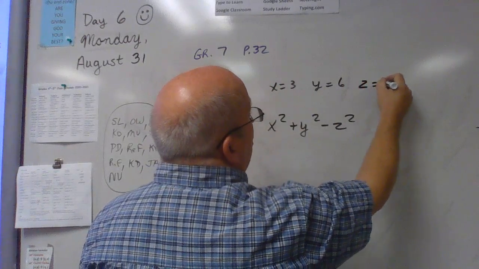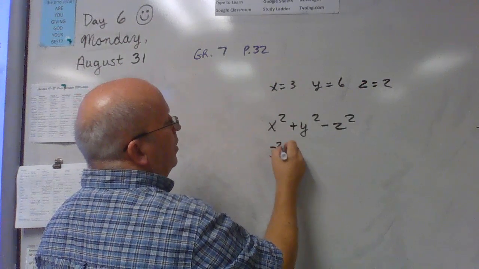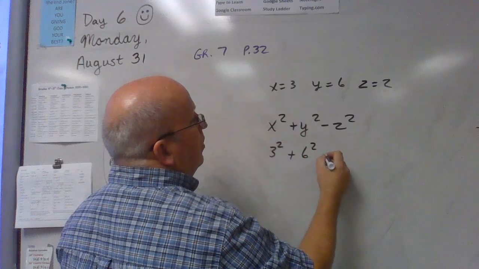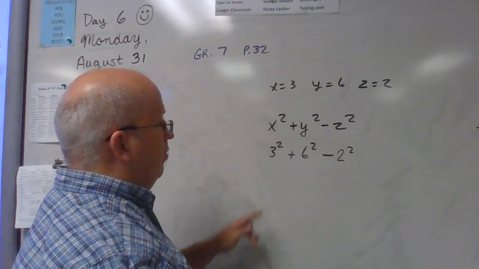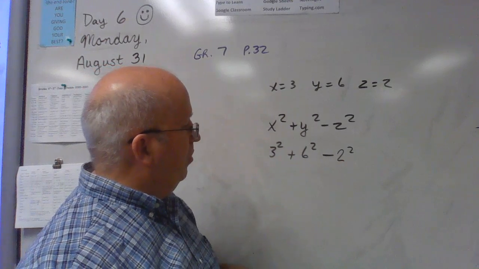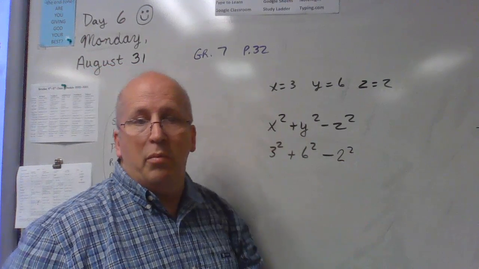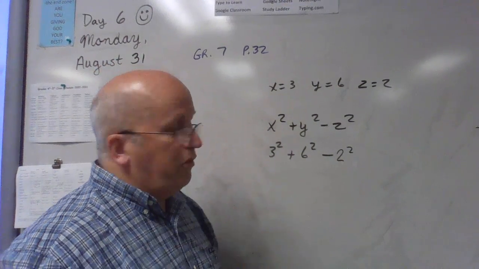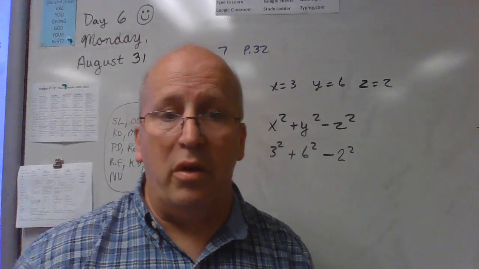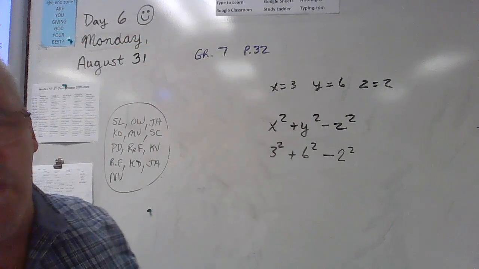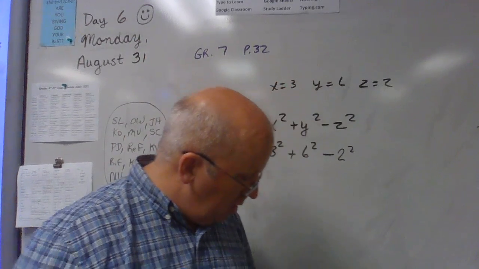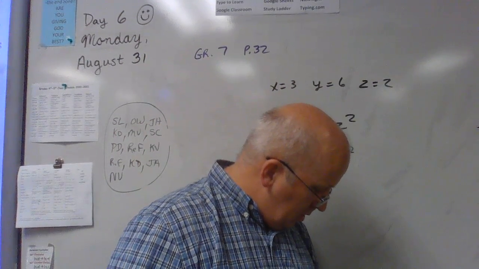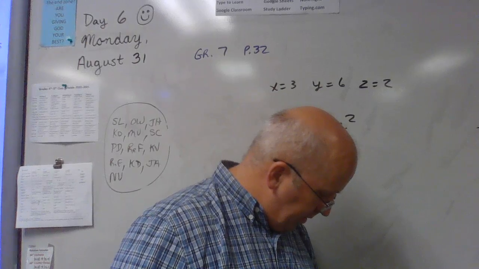So all you have to do is replace these letters with the numbers that are given for you and solve this. Remember to do the exponents first, then do addition and subtraction from left to right. Remember, 3 squared is not 6, 6 squared is not 12, and 2 squared is not 4. Okay. We talked about absolute value already.